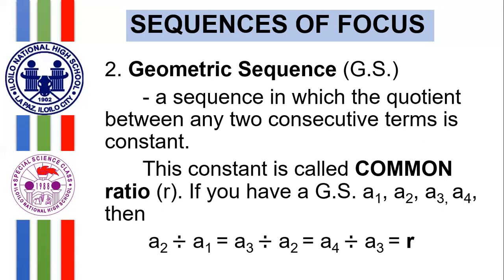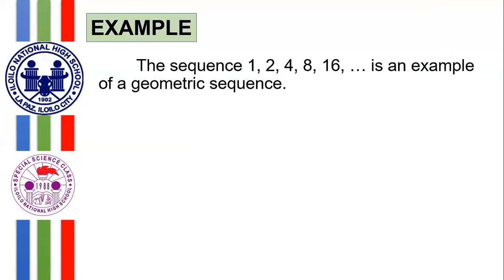If in arithmetic sequence you are subtracting the second by the first, third by the second, fourth by the third, in geometric sequence, to get the common ratio, you have to perform division. So for example, if I have the sequence 1, 2, 4, 8, 16, it's an example of a geometric sequence. Why?